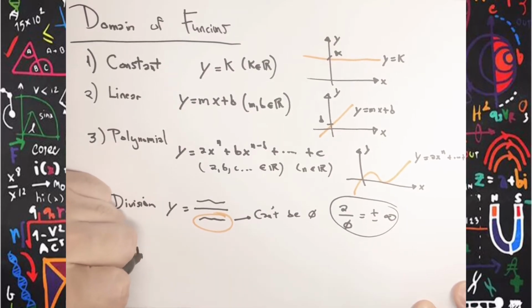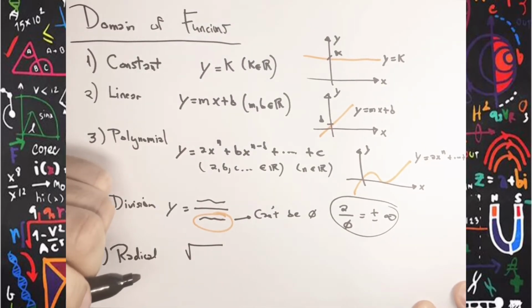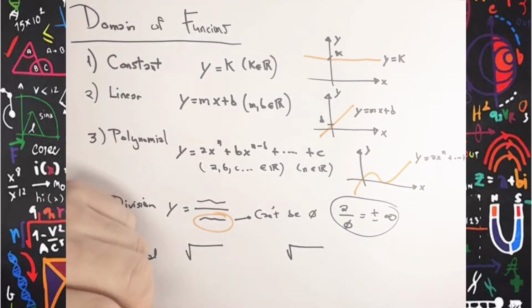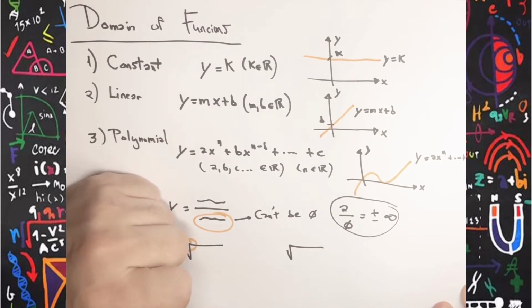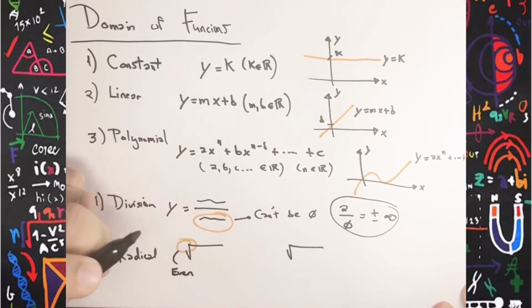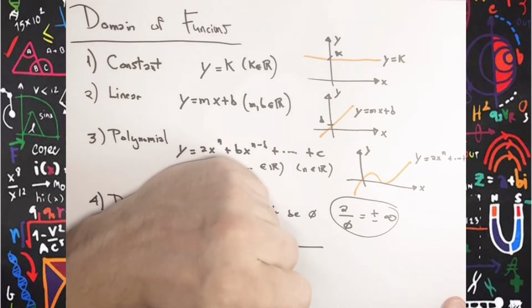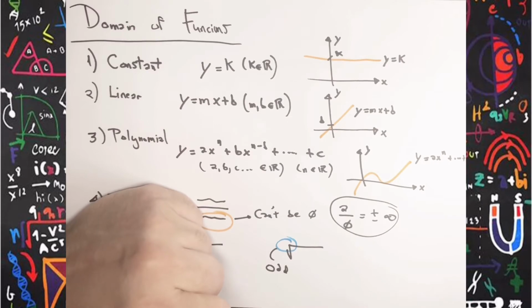Number 5, radical functions, as in roots. Also the scary things. There are 2 types of roots regarding domain of functions. Those with even exponent, as in square root, 4th root, 6th root, 8th root, and so forth. And also odd exponent roots, as in cubic root, 5th root, 7th root, 9th root, and so forth.